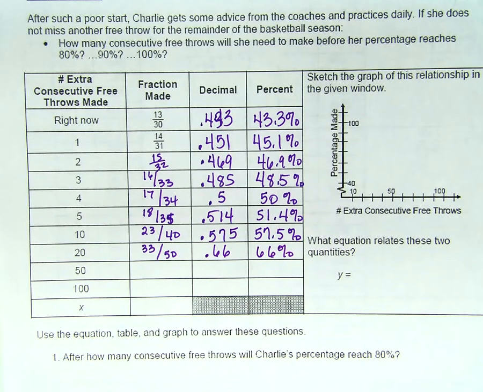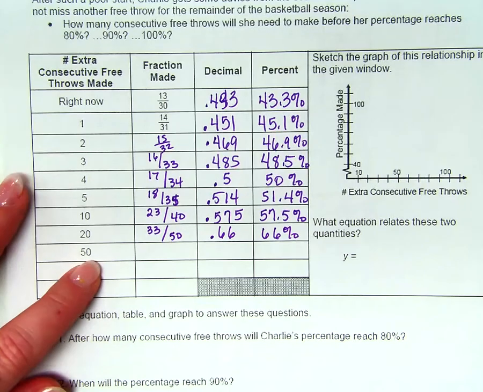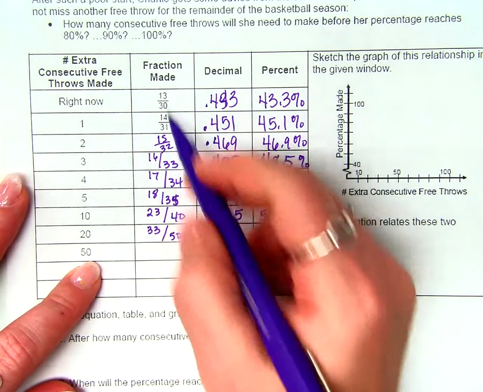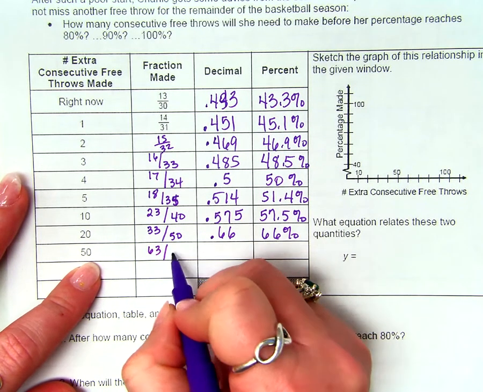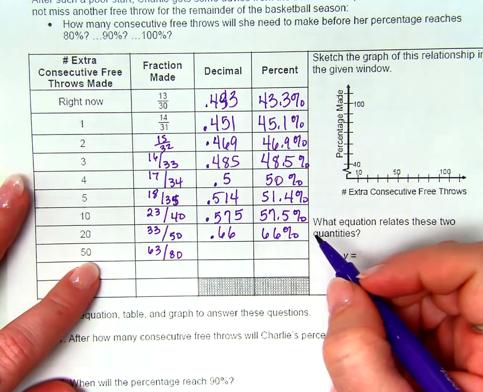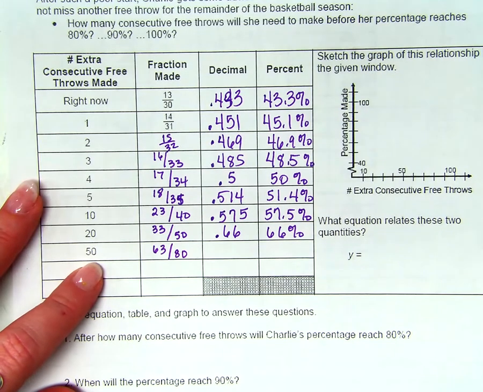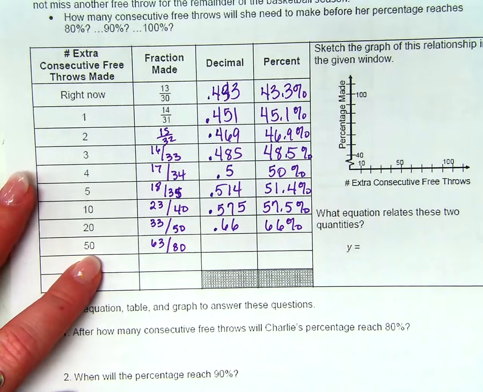What about 50? Add 30 from here, or 50 from the beginning. 63 out of 80. She either got tired of running or actually listened to her coaches, which is always a good plan.